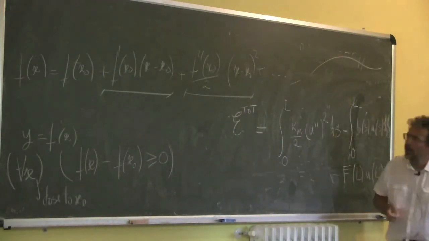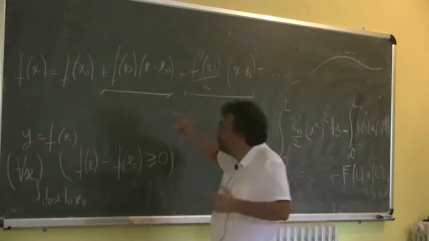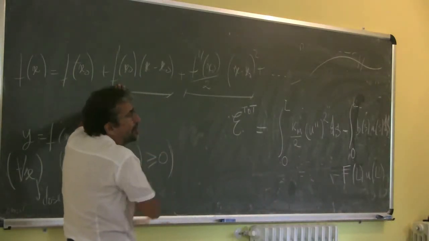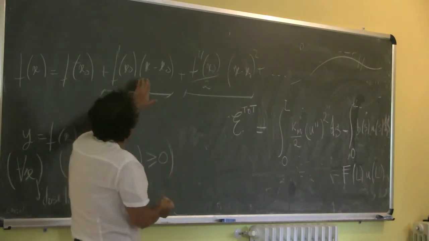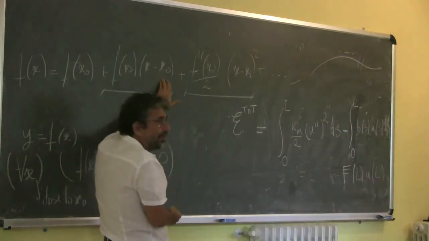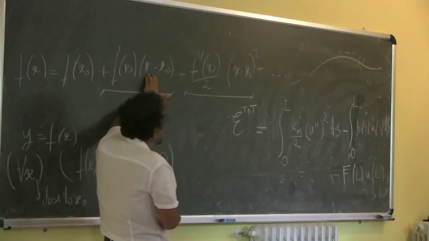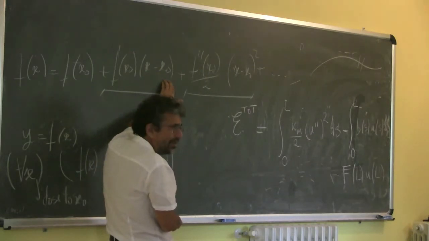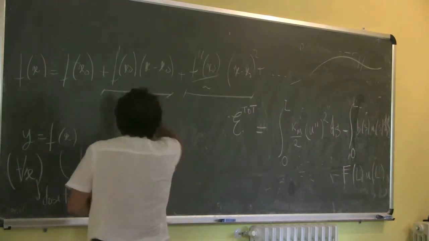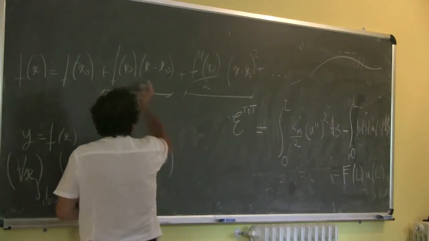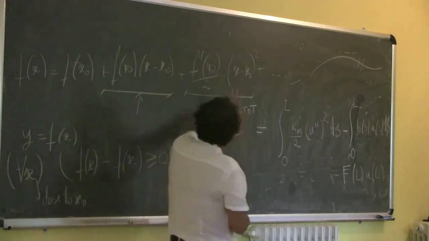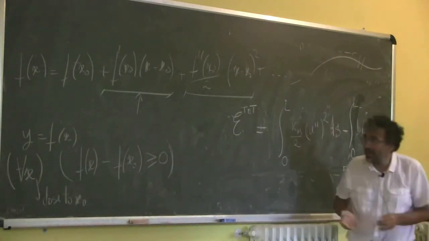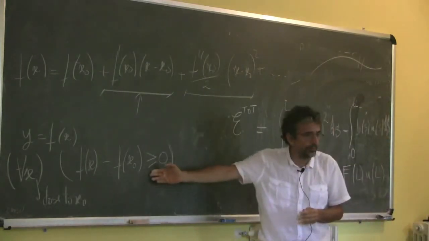Why? Because imagine that f prime of x0 is positive. x minus x0 can be negative if x is smaller than x0. So this dominant term kills this positive value and makes this inequality impossible.